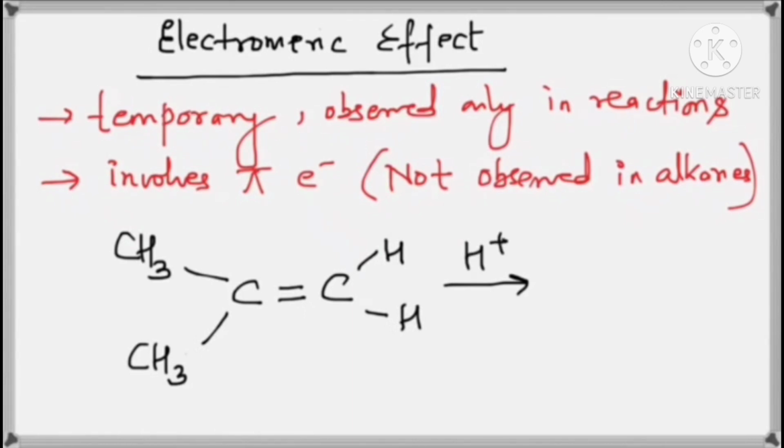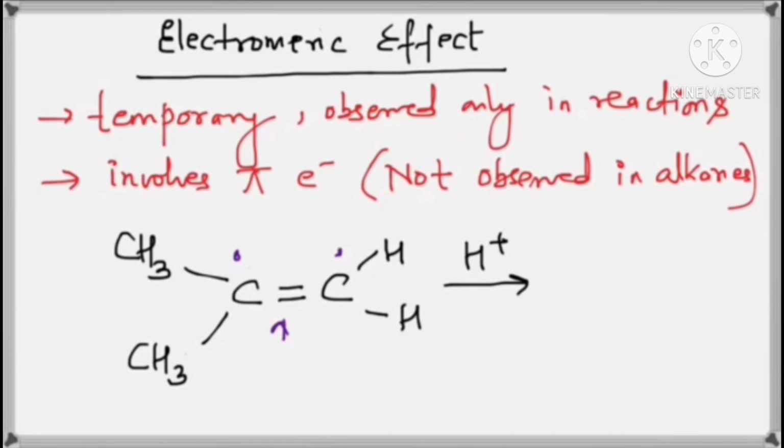Now hydrogen has a positive charge, and our discussion in the previous video should tell you that electrons like to move towards the positive charge. So what happens is, the double bond, the pi bond here, will break and electrons will shift towards either this carbon attached to CH3 or the carbon attached to the hydrogen atom.